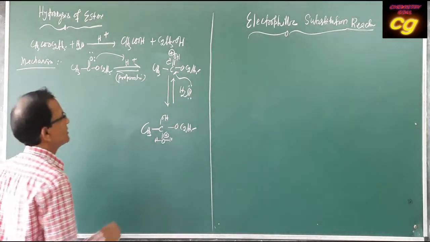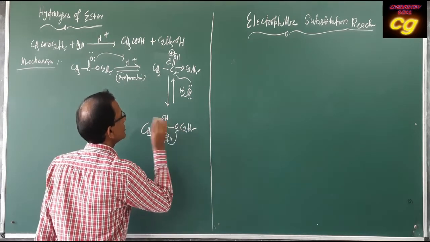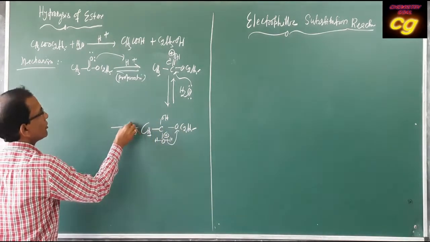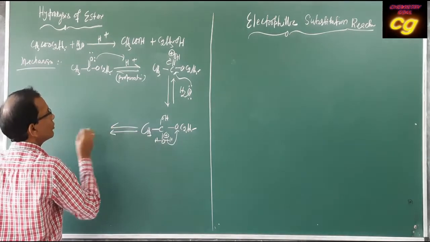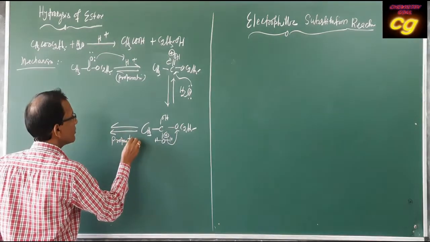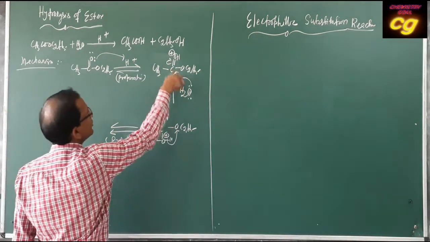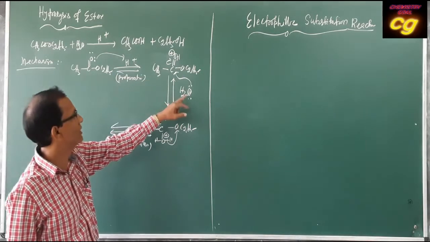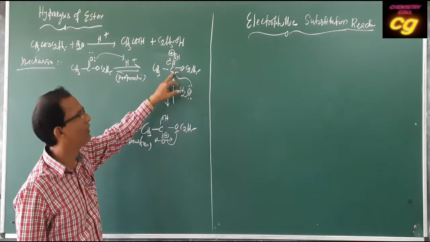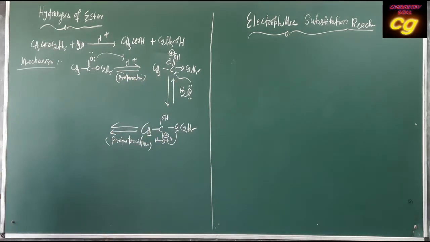Proton transfer takes place. This proton then transfers to this oxygen. That is called proton transfer. And it is nucleophilic addition, that is, attacking of the nucleophile to this carbon carrying partial positive charge.